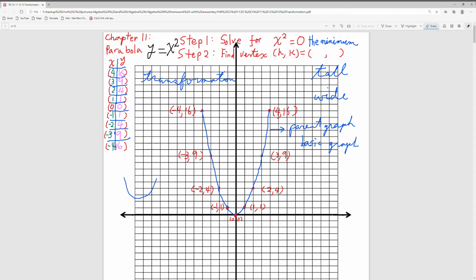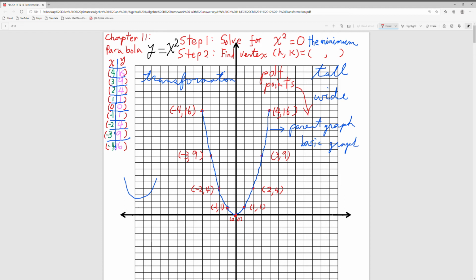Now, one more concept. For the first graph, we may plug in as many points as possible and connect them. So we plot the points for the first graph.